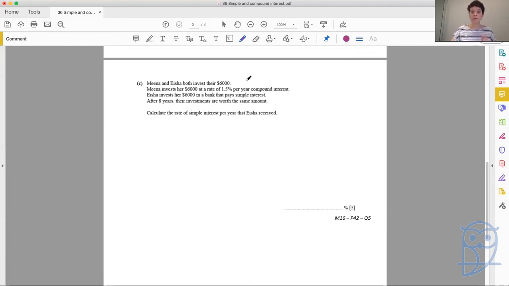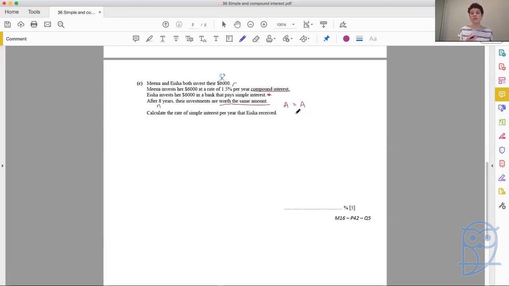So we have 6,000, which is our P. We have an R for our compound interest, but not for our simple interest. We have an N for 8 years, and we know that A equals A. The total investments are the same.